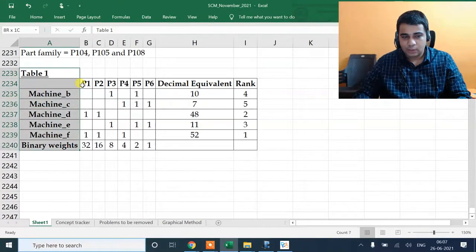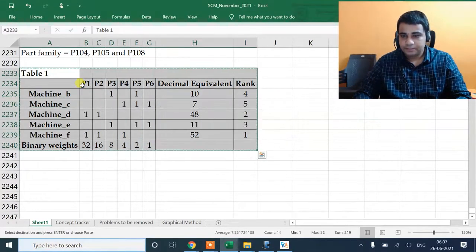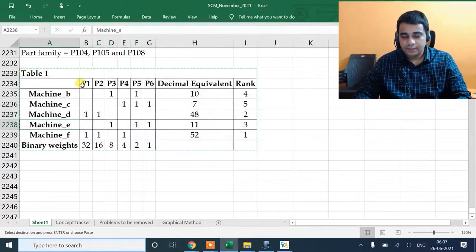Any doubts on table 1? We have assigned weights first, wrote the decimal equivalent and then added.